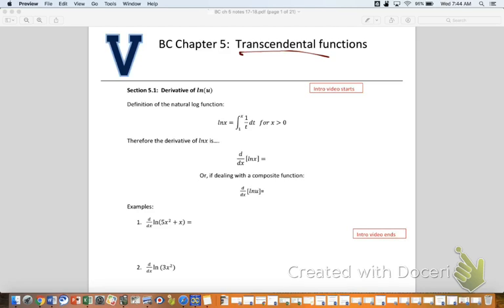It's not like Pythagoras was like, I decree that this is the area formula. It's almost all calculus. Anyways, that's kind of the root of natural log. It comes from a definite integral from 1 to x of 1 over t dt. And you learned a little bit about the derivatives of those. And then the first example you saw on the video involved the natural log of 5x squared plus x.